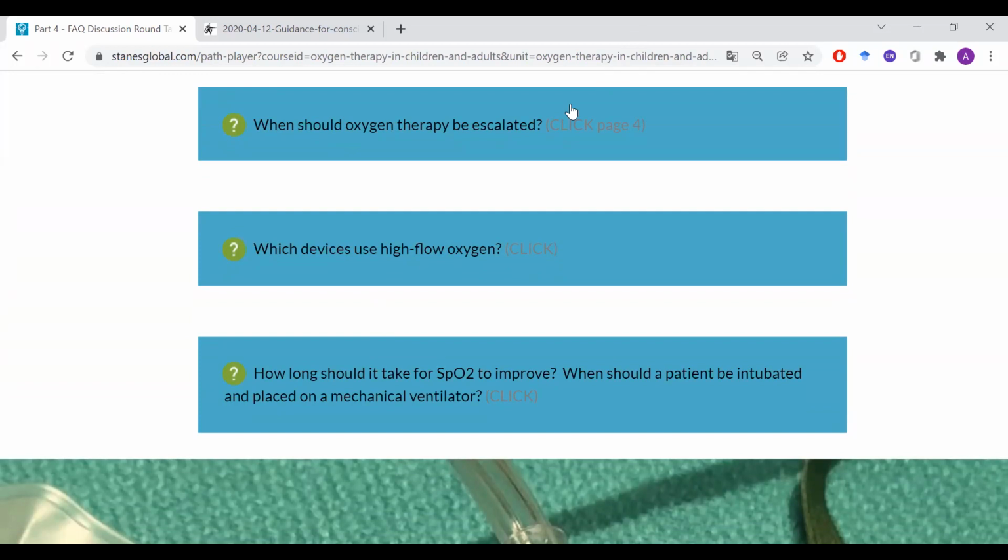They ask about devices which can give high flow oxygen. As you have seen, there is the high flow nasal cannula, and with mechanical ventilation you can give high flow as well.